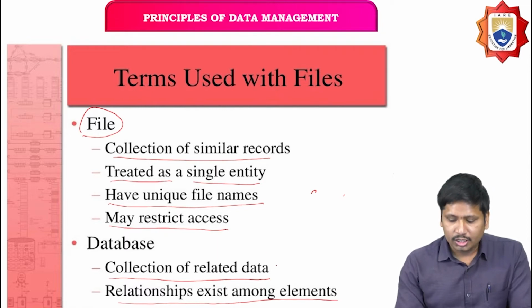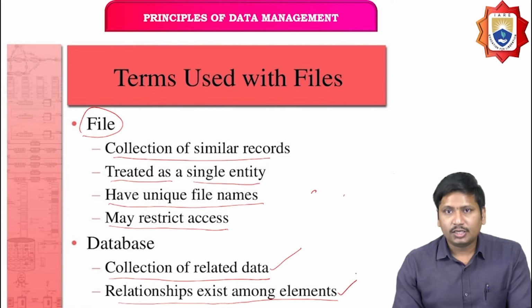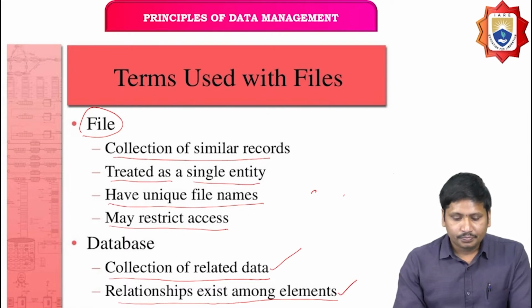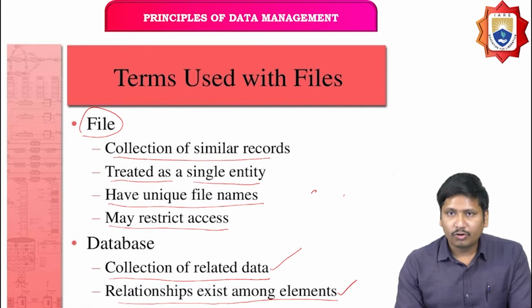A collection of related data, and the relationships that exist among these elements, is called a database. The file is a collection of similar records treated as a single entity, and each file has a unique name. So all the time you have to follow unique names while creating a file, so that no duplicate file names are allowed.